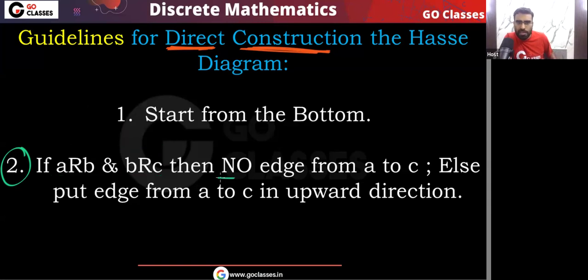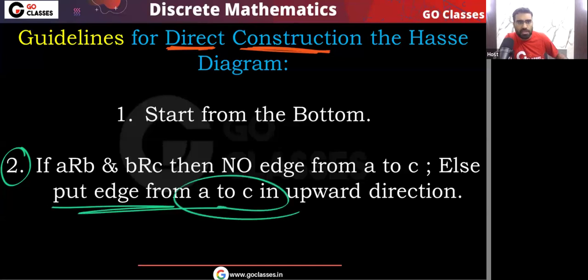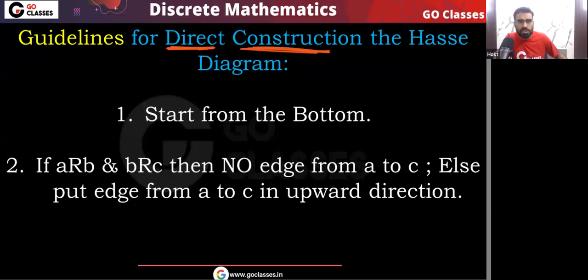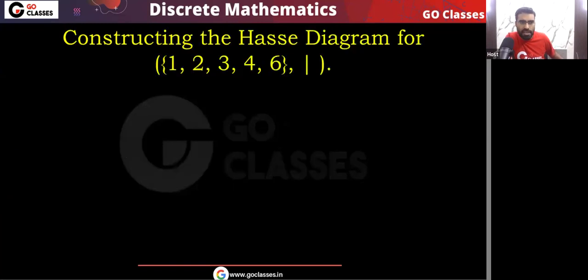No. Then no edge from A to C. Yes or no? Very simple. Otherwise you will put an edge from A to C in the upward direction. Agree with me? If A is related to B, B is related to C, then there is no edge from A to C. Otherwise we will put an edge from A to C in the upward direction. So these are the guidelines for direct construction. Very simple. Now let's use these guidelines.